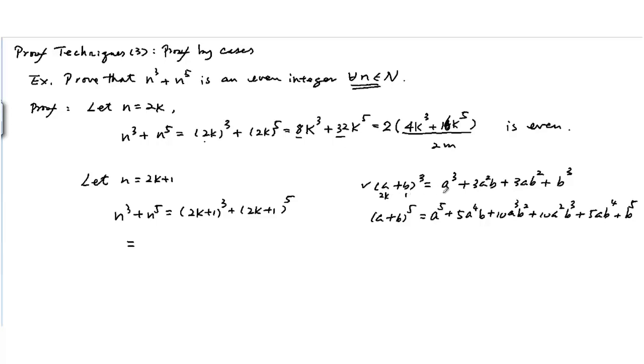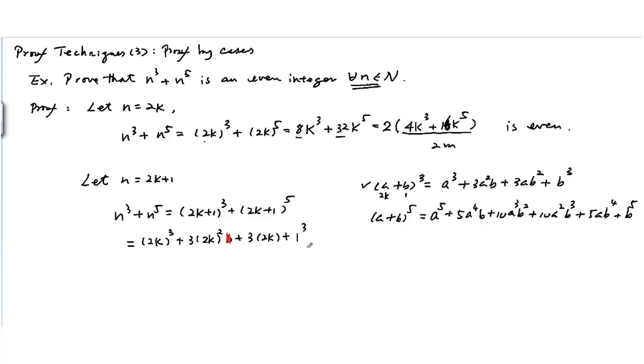So this will be (2k) to the third power plus 3 times (2k) squared times b plus 3 times 2k times b squared, and b is 1, so 1 cubed.